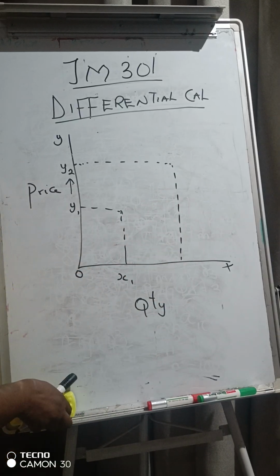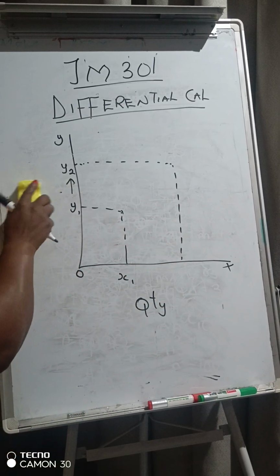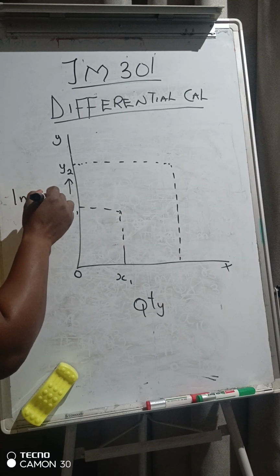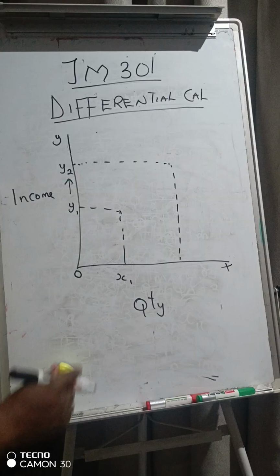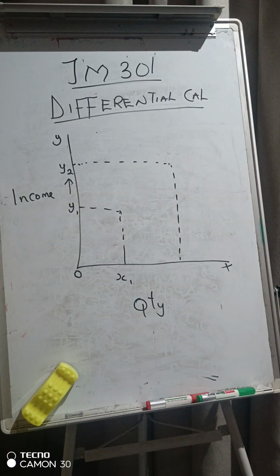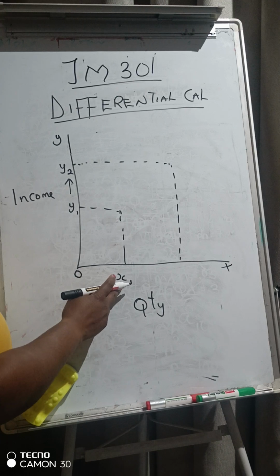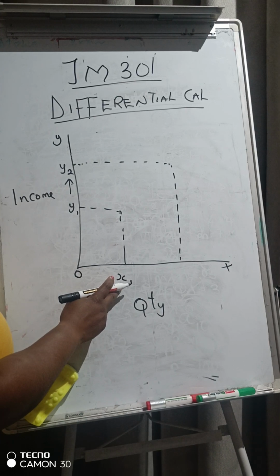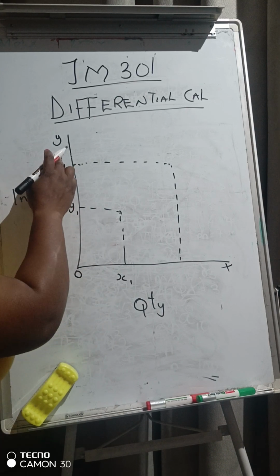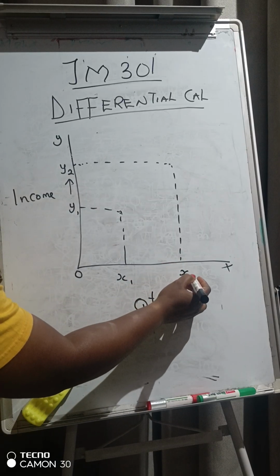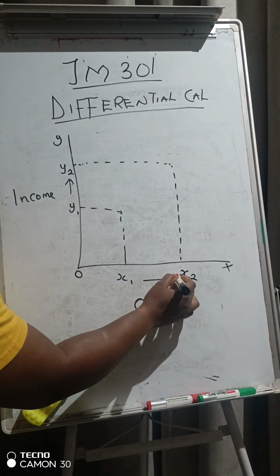So I think I don't want to use the concept of price. Let's go with income. So we are relating income with what you can buy. At lower income, you can purchase a quantity of stuff. When there's an increase in your income, there's that tendency that you purchase more.